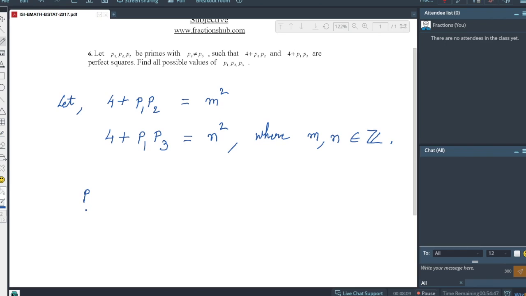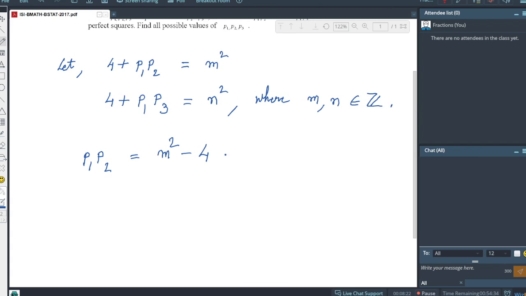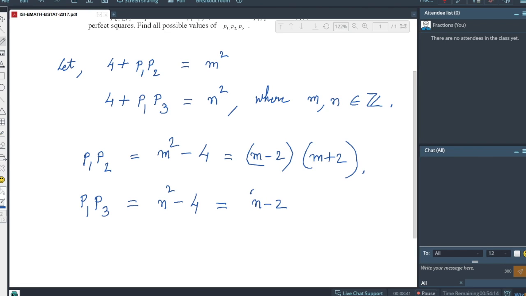So P1 times P2 is m square minus 4, which is obviously equal to m minus 2 times m plus 2. P1 times P3 is similarly n square minus 4, which is equal to n minus 2 times n plus 2.